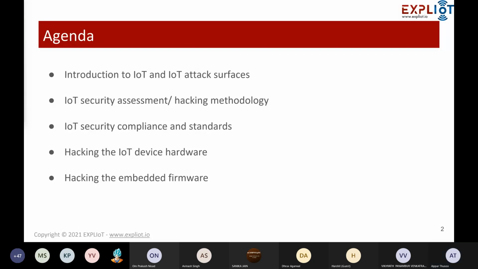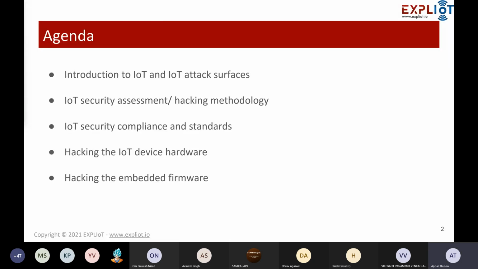Then we'll dive deep into IoT security compliances and standards one should stick to in order to create a secured product by design. And finally, we'll go into specifics of hacking: the hacking of IoT device hardware or the embedded hardware, and how you can hack the embedded device firmware or what the underlying issues with it are.